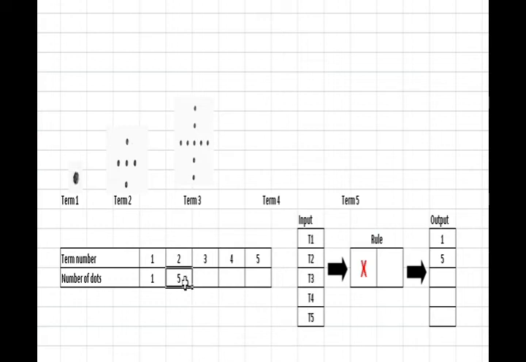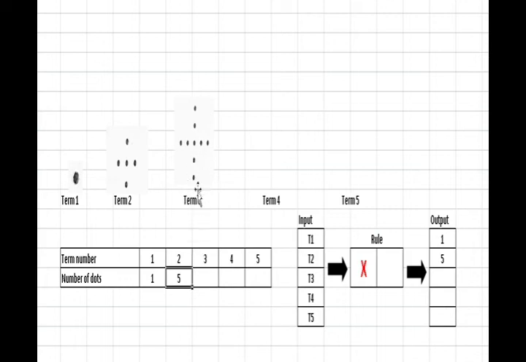And if I take term 2 and place it on top of term 3, I notice that there are 5 dots in the middle, and then an additional dot is added on each end of the cardinal points, north, east, south, west.